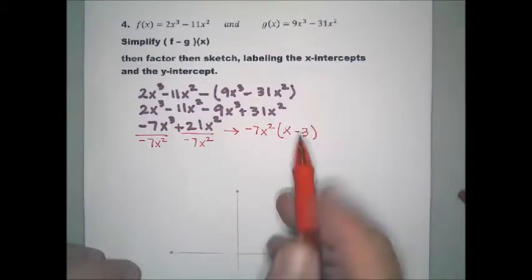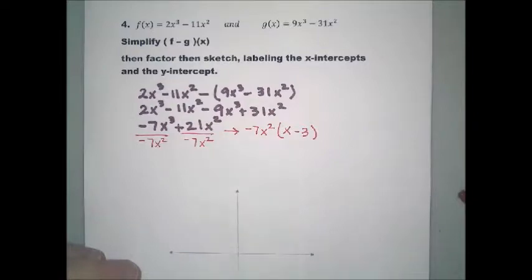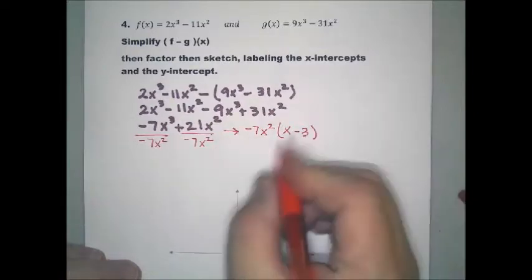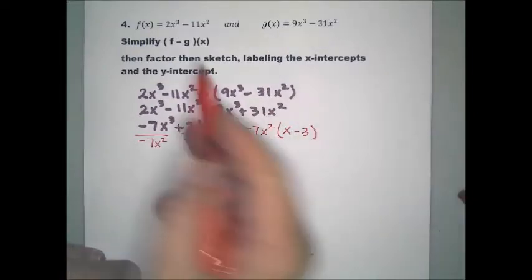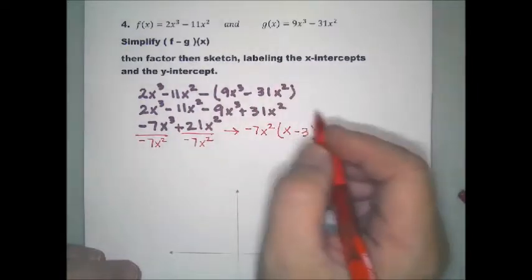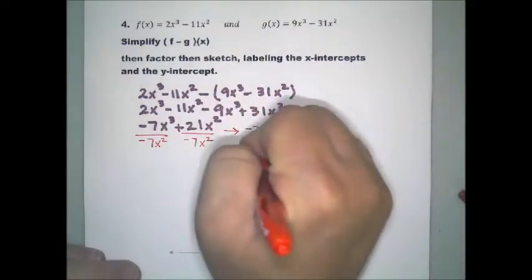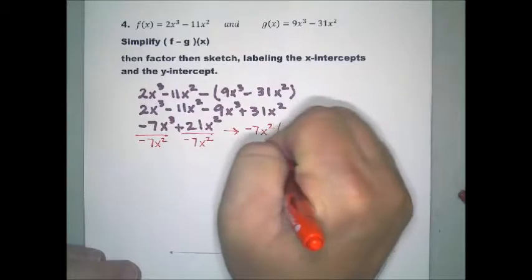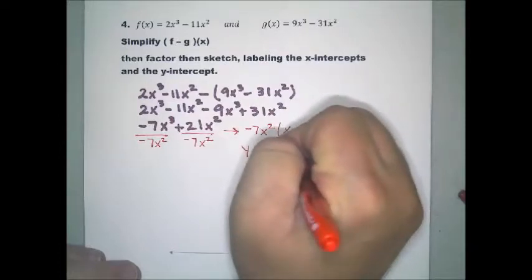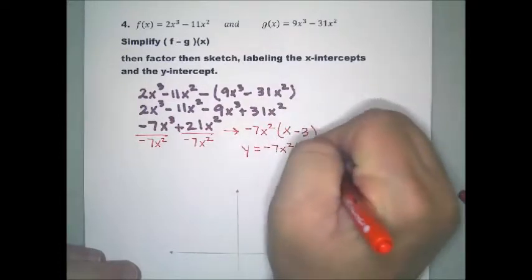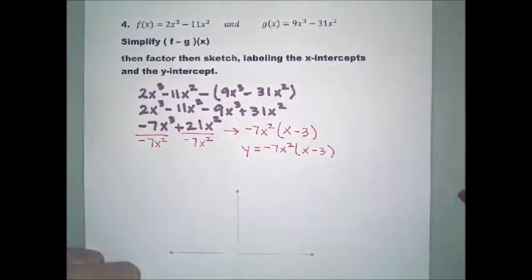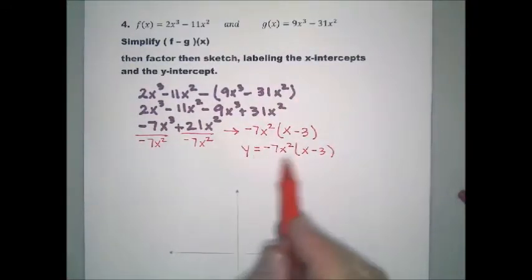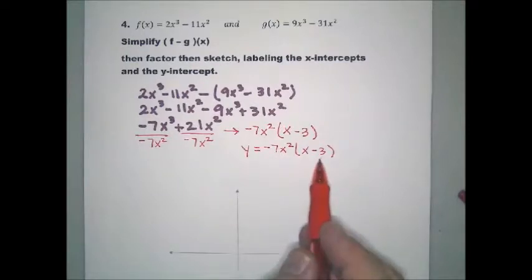Now, if I want to go ahead and sketch it, I'm going to make it y, because I don't want to use f of x since we've already used it. So y equals negative 7x squared times x minus 3. So this is what we're ultimately graphing right here. So what do we know? We know the x-intercepts.